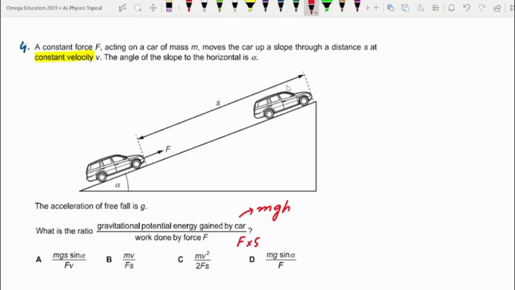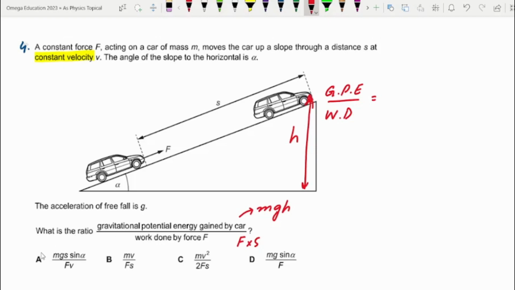So what is the value for the gravitational potential energy? We need to find the value of GPE divided by WD, work done. GPE equals mgh, but we don't have the vertical distance that we call height, so we don't know how much height is gained by the object.